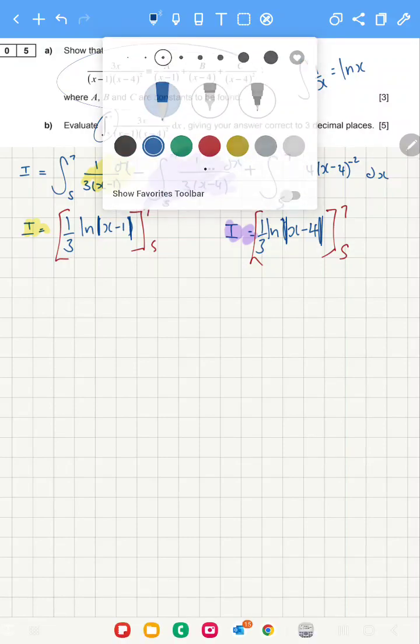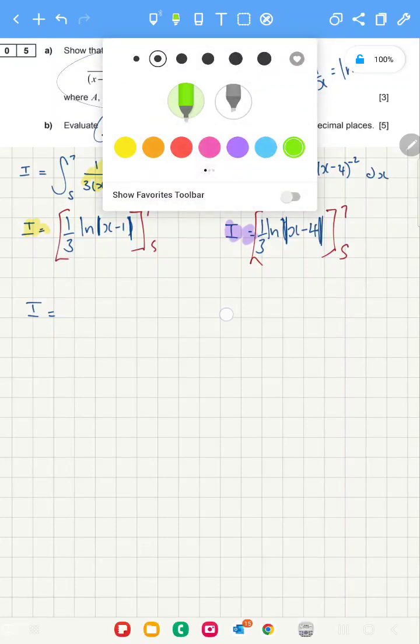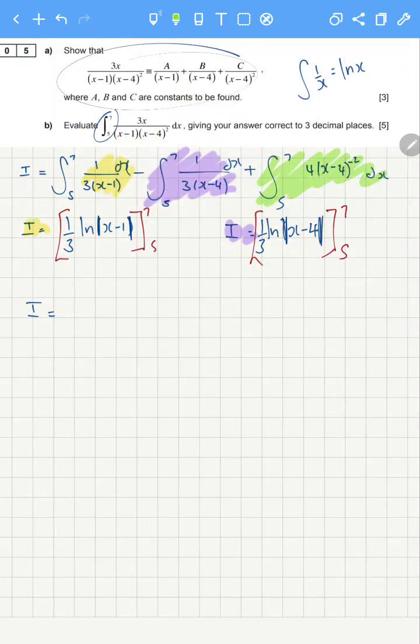And the final one, which is this one, we're going to use the rule for integration, which is add 1 to the power and divide by the new power.